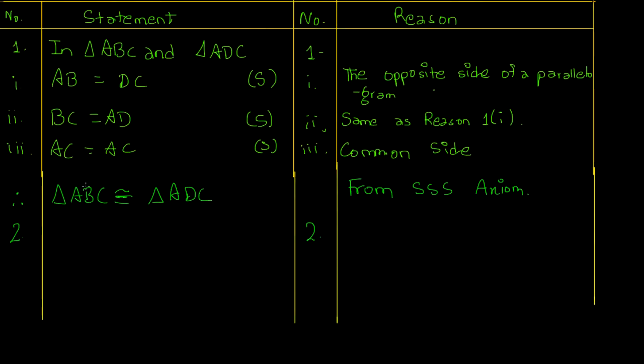So in reason 2, we can write area of triangle ABC equals area of triangle ADC. Here we can write because triangle ABC is congruent to triangle ADC.